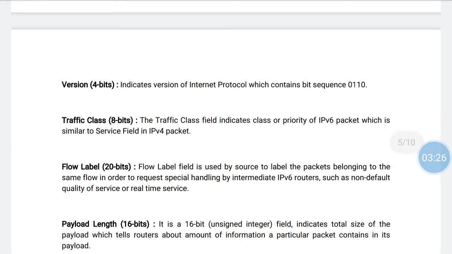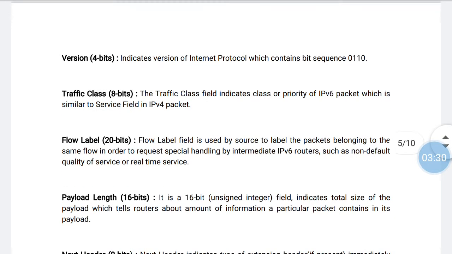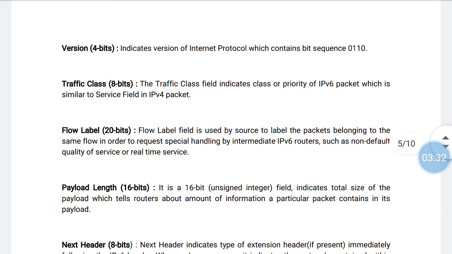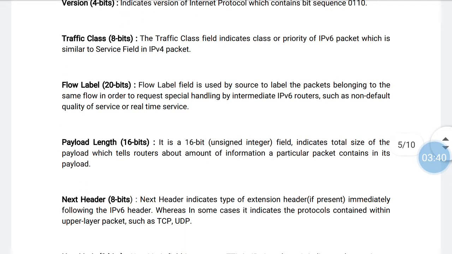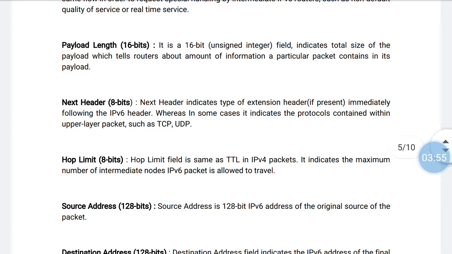These are the components present in its header structure: version, traffic class, and the payload length. Payload length is a 16-bit field that indicates the total size of the payload, which tells the router the amount of information a particular packet contains in its payload.